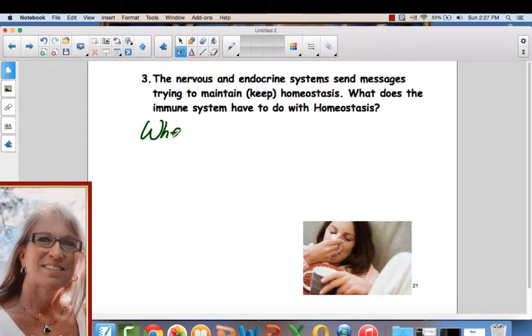So when foreign invaders enter the body, it disrupts homeostasis.